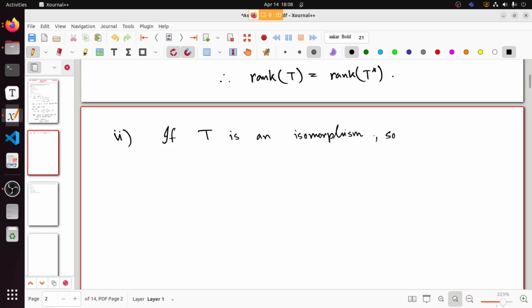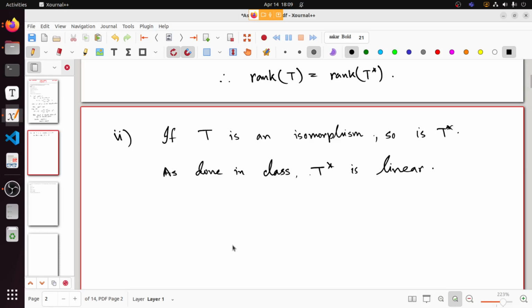This was done in the class: T star is again a linear operator.